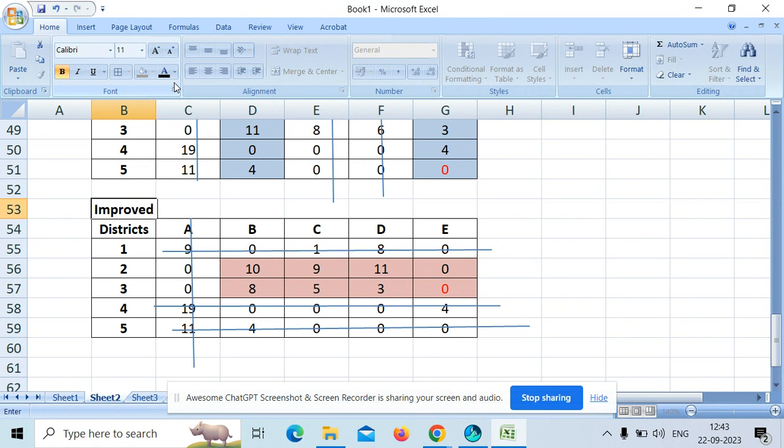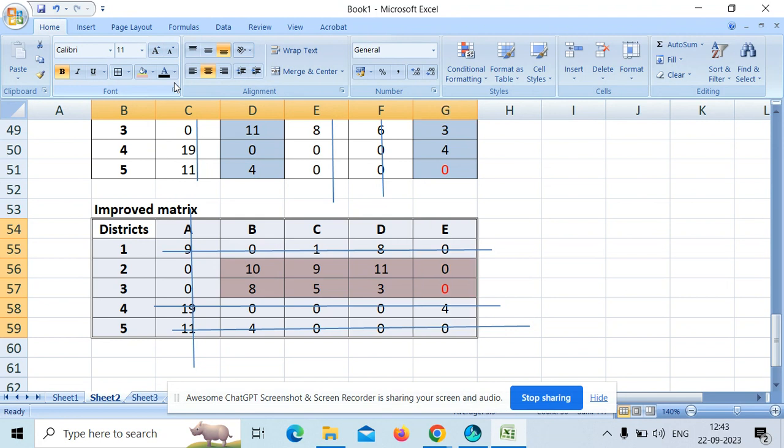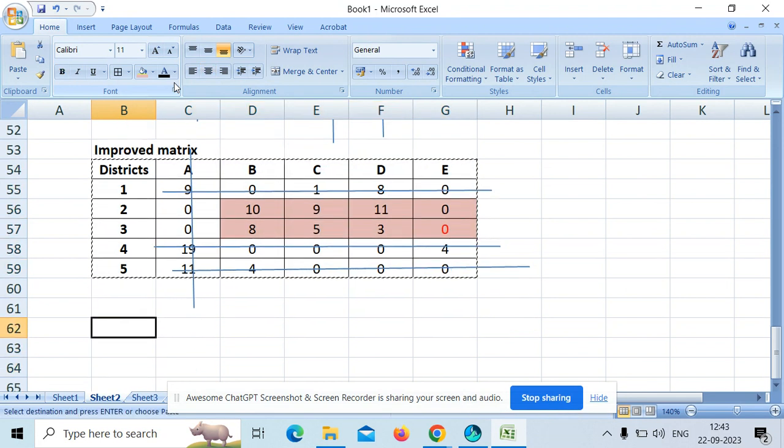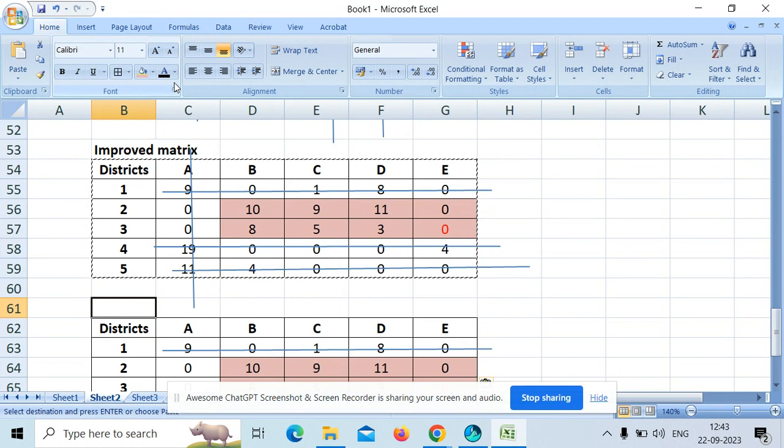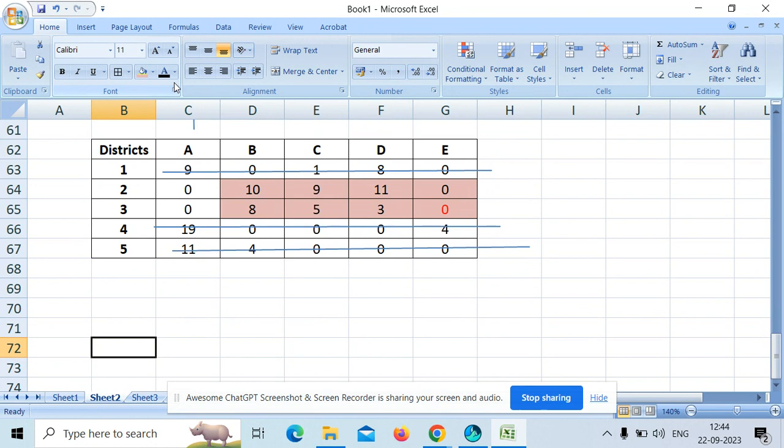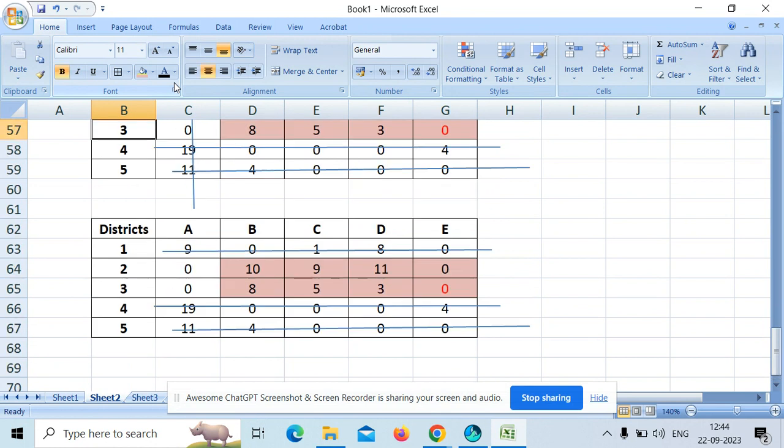ठीक है आप कर लो, मैं वेट करूँ? हाँ मैम। I copied the above metrics only.